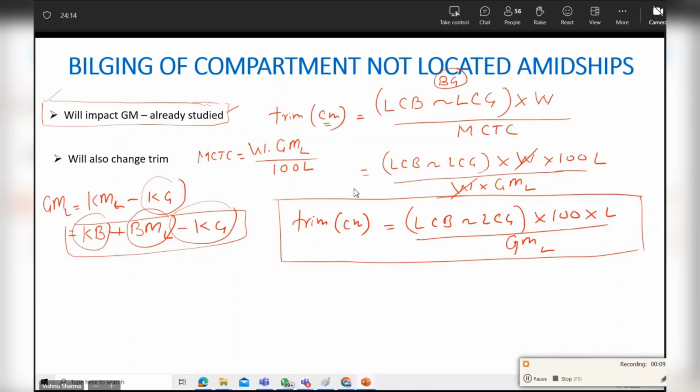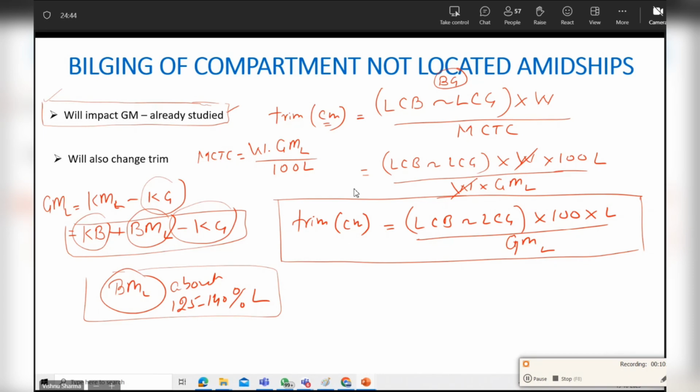Usually, for a normal ship-shaped vessel, BML is quite large, about 125 to 140% of the length of the vessel. So for a 100 meter long ship, the BML can be 120, 130, 140 meters, unlike BMT, which is usually 7, 8, 9, 10 meters. Compared to that, BML is relatively large.